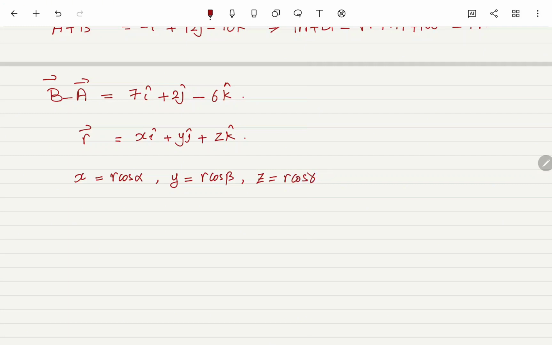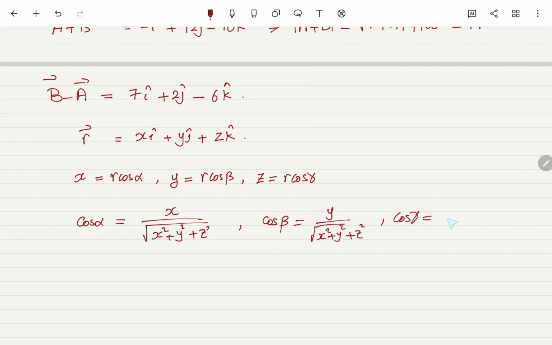Now this is the same definition of vector a as we mentioned previously, and cosine alpha equal to x over square root of x square plus y square plus z square, and cosine beta equal to y over square root of x square plus y square plus z square, and cosine gamma equal to z over square root of x square plus y square plus z square.